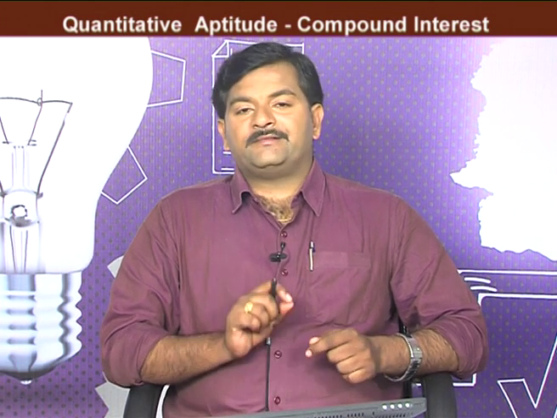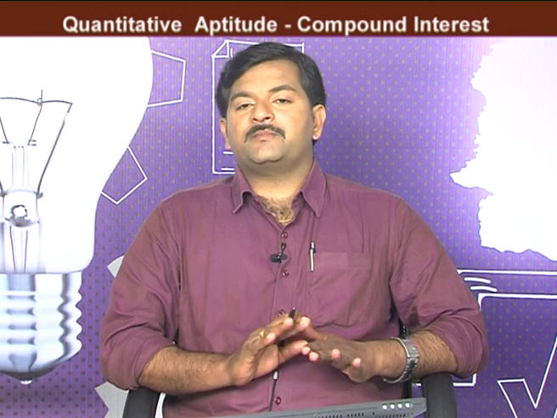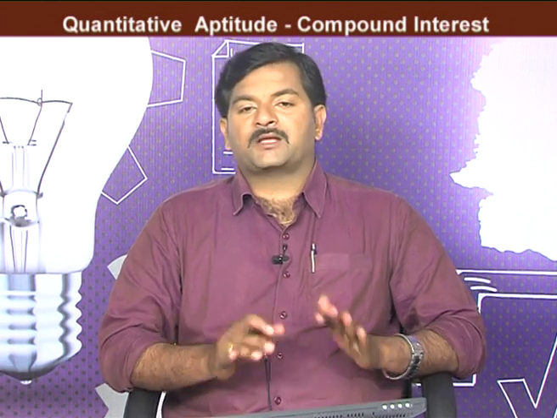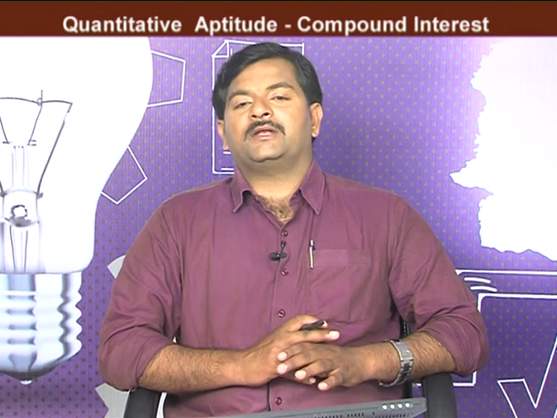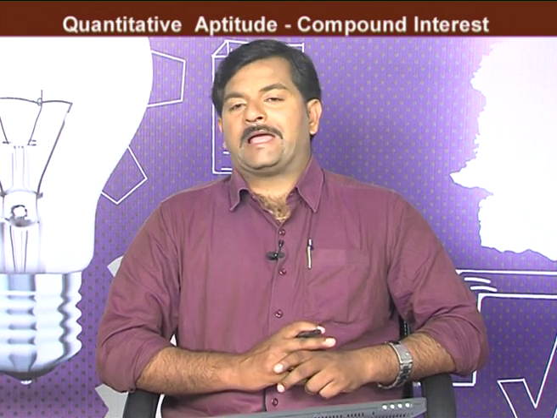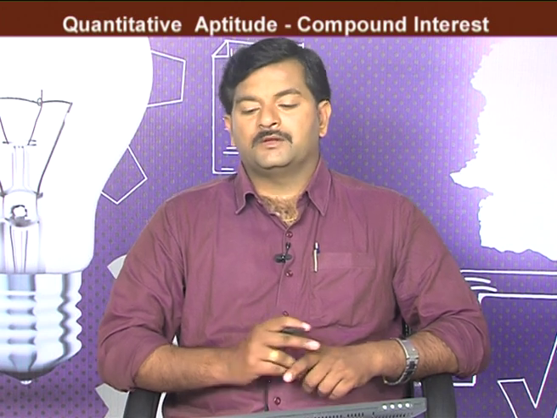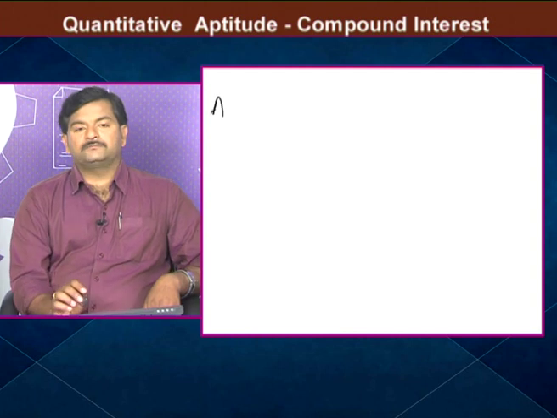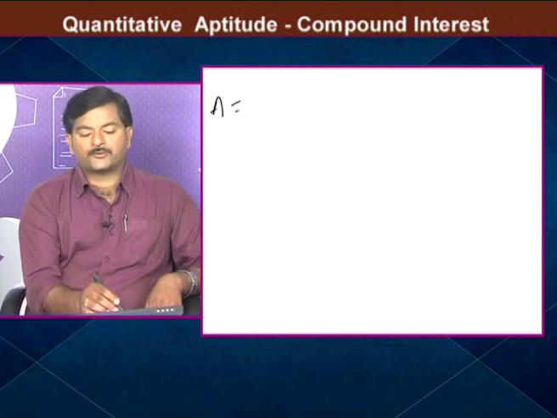And in this question, if you observe here, he didn't mention whether the compound interest is quarterly or half yearly or annually. If he mentioned nothing, clearly understand that interest is being compounded annually, that is for every 1 year. Okay. So keep this concept in mind. Then A is equal to P value given, 2000 rupees.